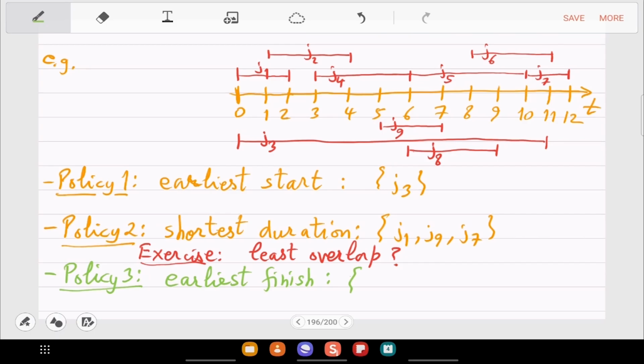Okay, so with that policy, what should you pick? You will pick J1 because that finishes first. Then J1 invalidates J2 and J3. So next will be J4. That invalidates J9, and you will pick J8, sorry, yeah, I have J8.